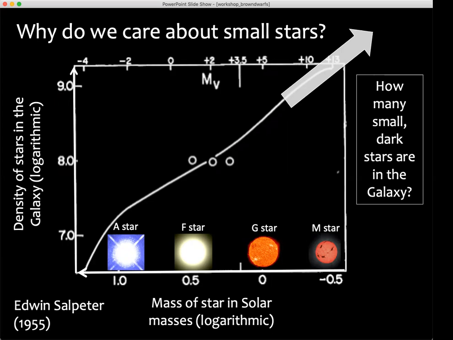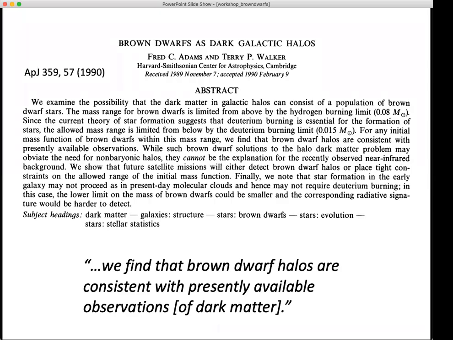And like I said, this is a paper that came out in 1990. People were saying that the limits we can set for brown dwarf detection were still consistent with those objects, which at this point no one had actually found yet, being dark matter.